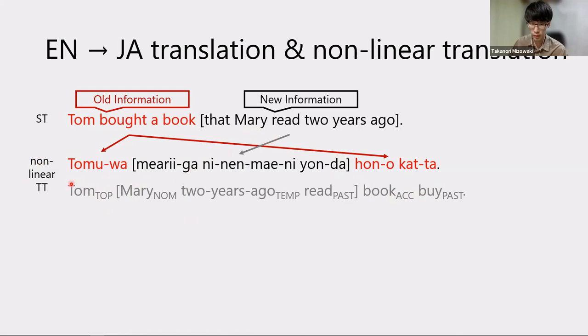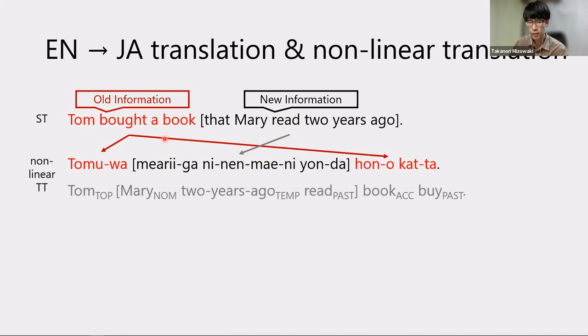And we think that there are two problems with non-linear translation. One is that the old information, theme, and new information, rheme, in the target text are in a different order than in the source text, which may not preserve the equivalence of the reader's reading experience.